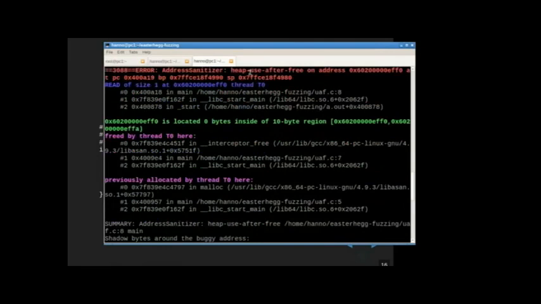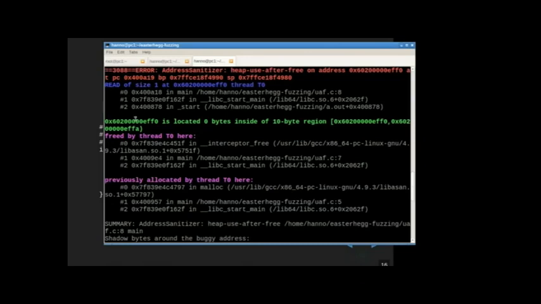It says heap use after free. It tells us in which line in the code it happened. And it tells us, okay, this is in some memory region that was freed in this line, and it was allocated in this line. So we get a lot of information that will help us to analyze this bug.